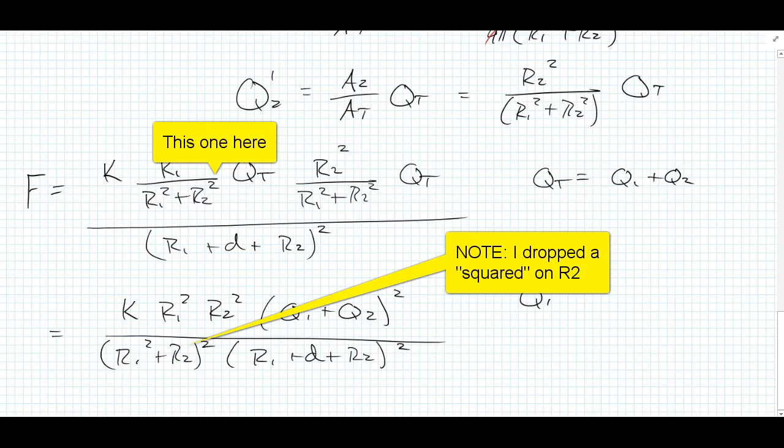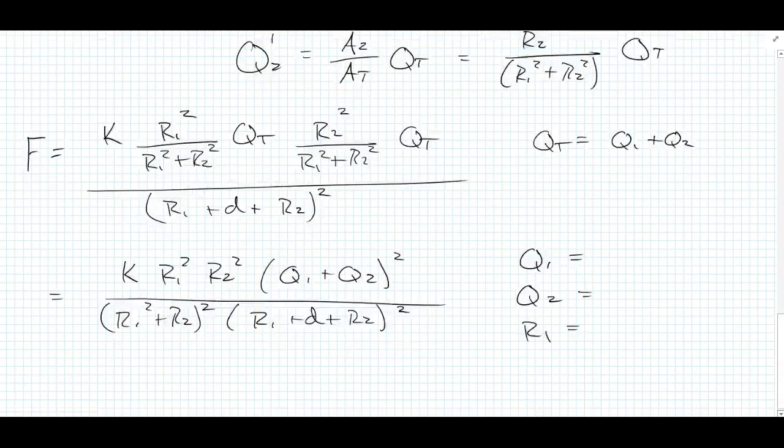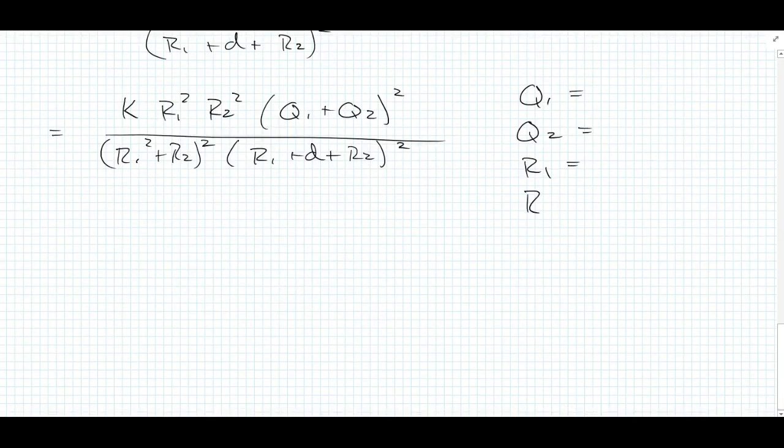If I want to calculate an actual value for this magnitude, I need a number for q1, I need a number for q2, I need a number for r1, I need a number for r2, and I'm going to need a number for d. So Q1, as stated in the problem, is the 10 nanocoulombs.